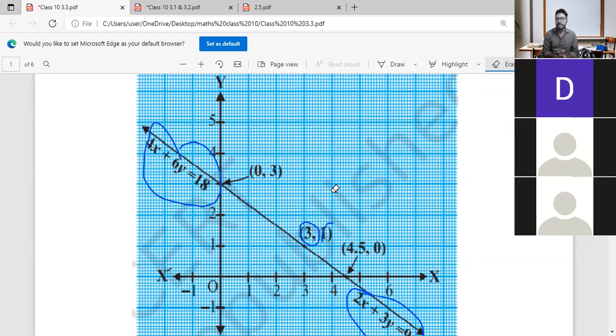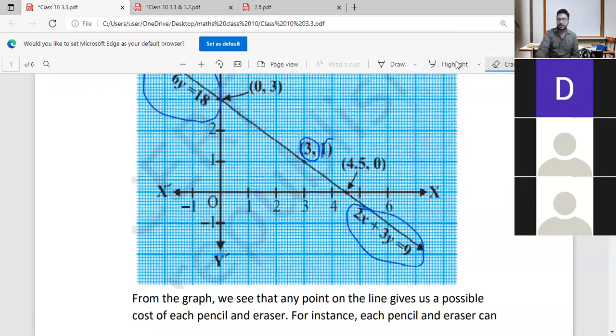If they are overlapping, I mean intersecting at all points, then we can say that they have infinitely many solutions.